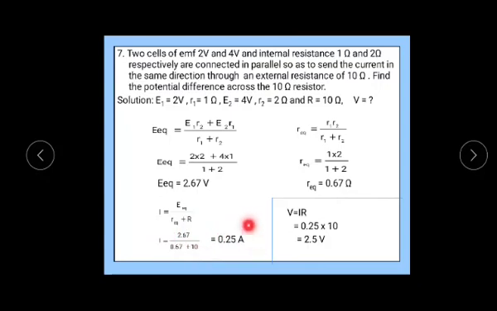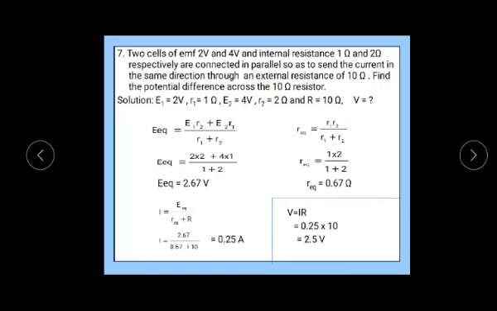When you simplify, you will get 0.25 ampere. Now use Ohm's law. Potential difference V is equal to I into R. I value is 0.25, R value is 10. So you will get the value 2.5 volt.